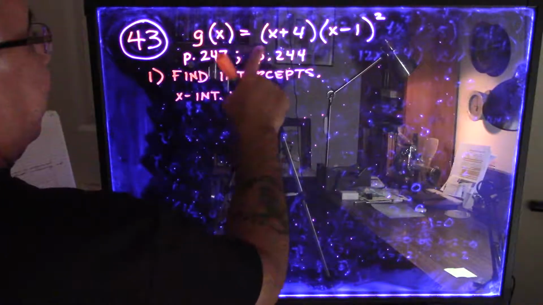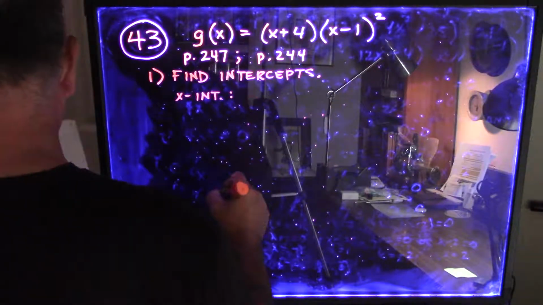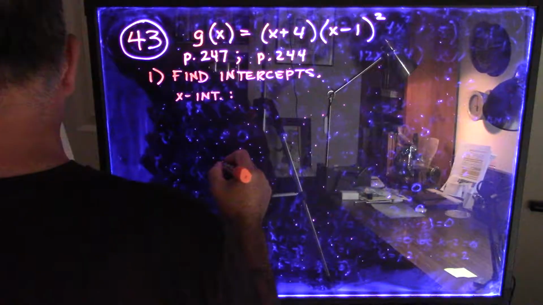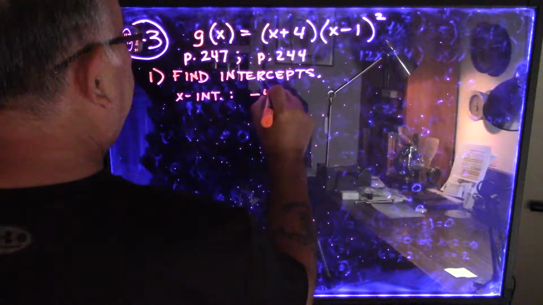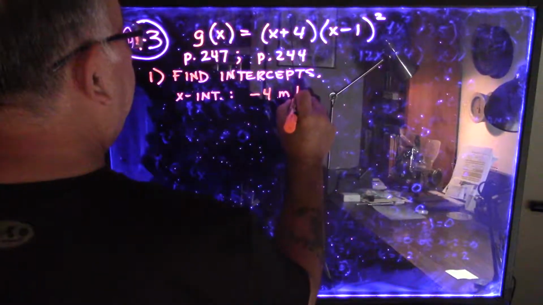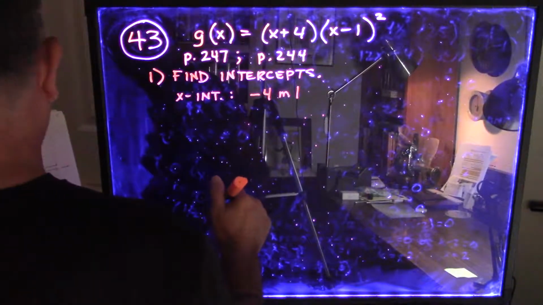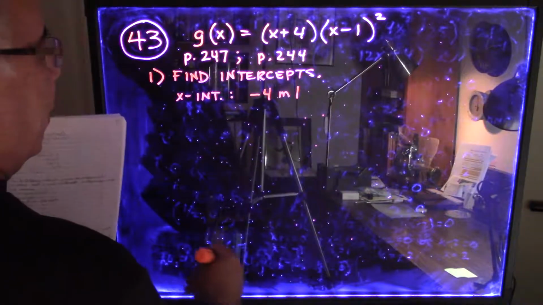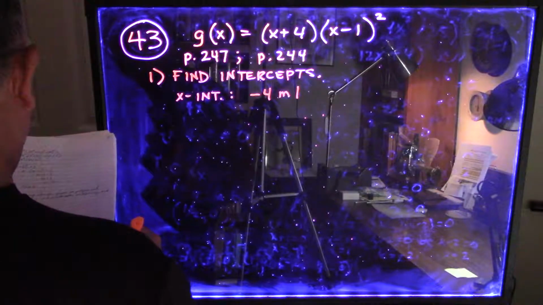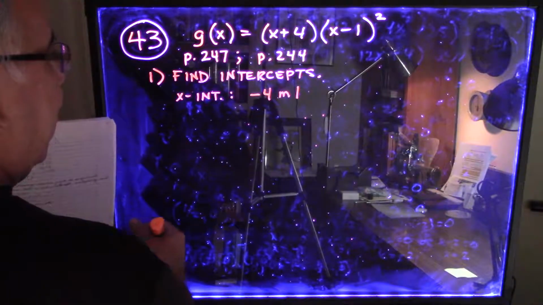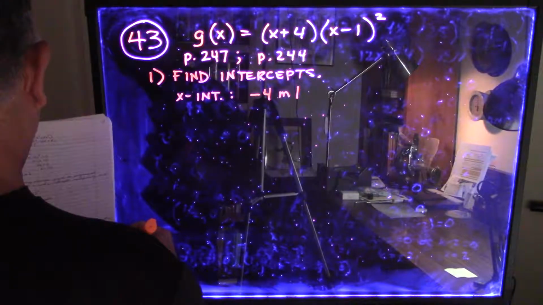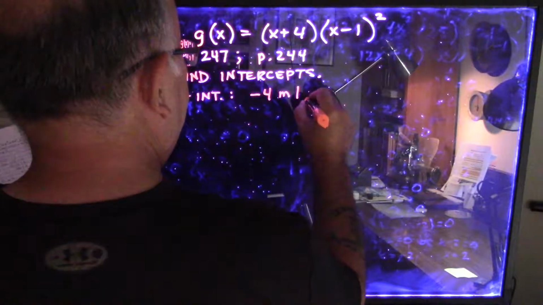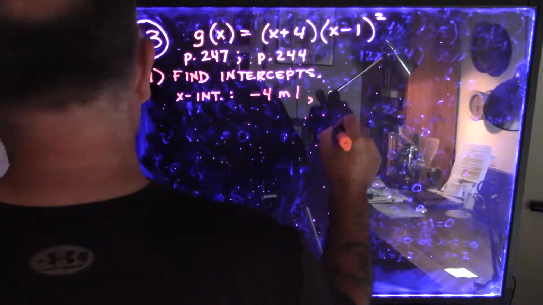If you set that equal to 0 and solve, you're going to get x equals negative 4, multiplicity 1. And yes, the multiplicities will be relevant later when we graph this, so keep track of the multiplicities. All right, you'll need that information later on. And we also have one multiplicity 2.